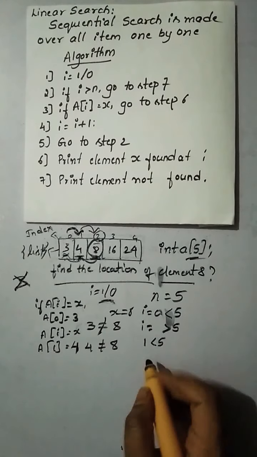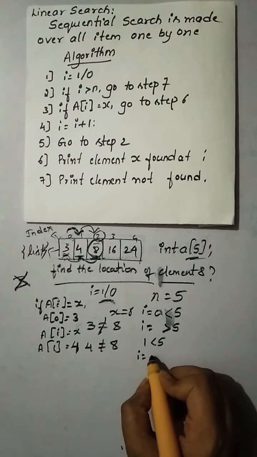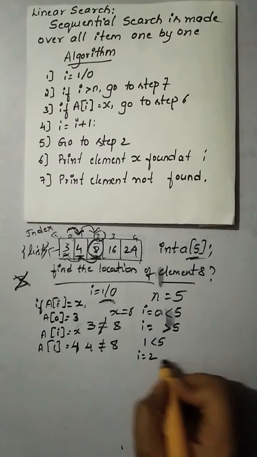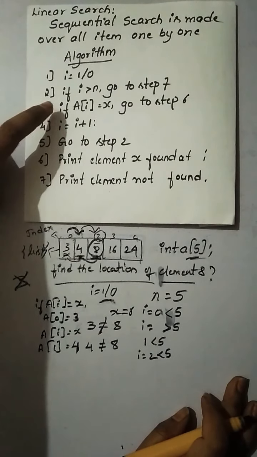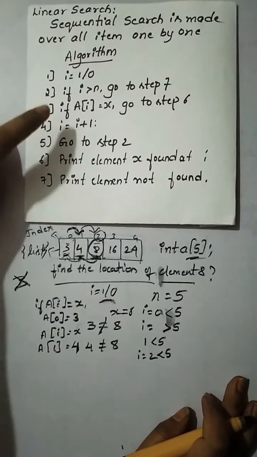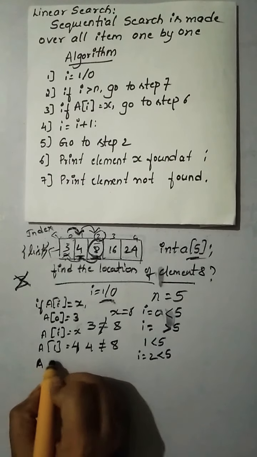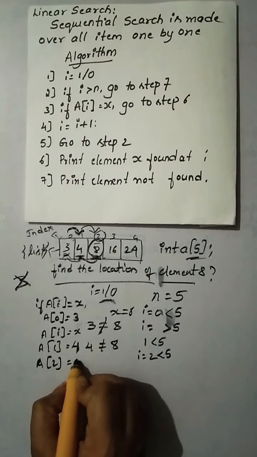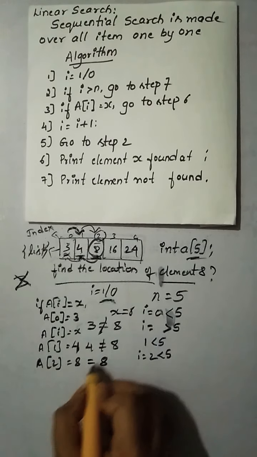Now the index number is I equal to 2. 2 is also less than 5, so we are not going to step 7; we go to step 3. What is the element here? A of 2 is equal to 8, and x is also 8.